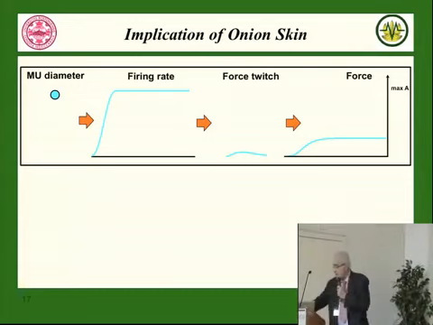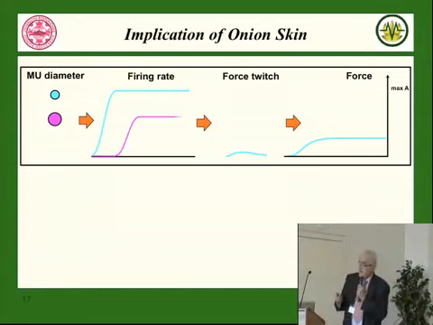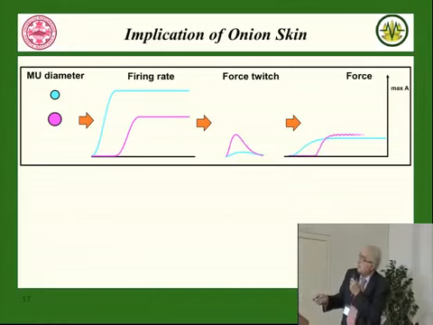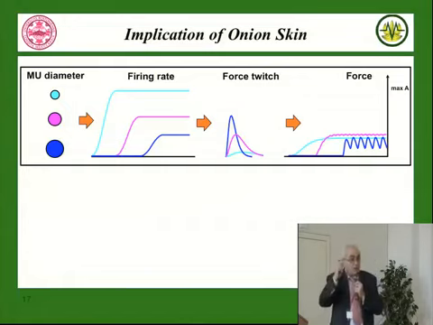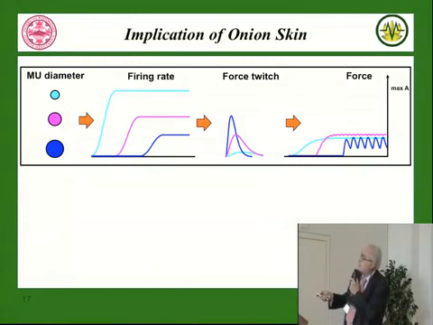This is a poetic schematic, whereas the higher motor units are recruited later, produce more force, but start to have some ripple, and the higher threshold motor units are recruited later, have higher twitches, produce lower forces, even though they could produce very, very high ones, but because they fire very, very slowly, they produce low forces with a great deal of ripple.